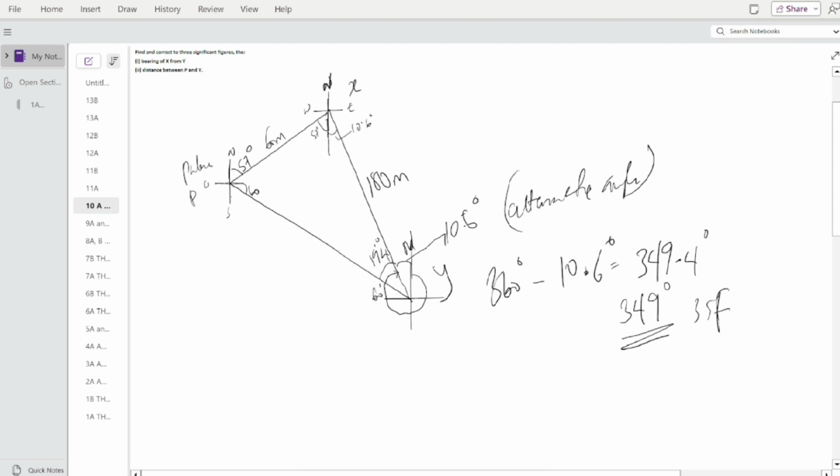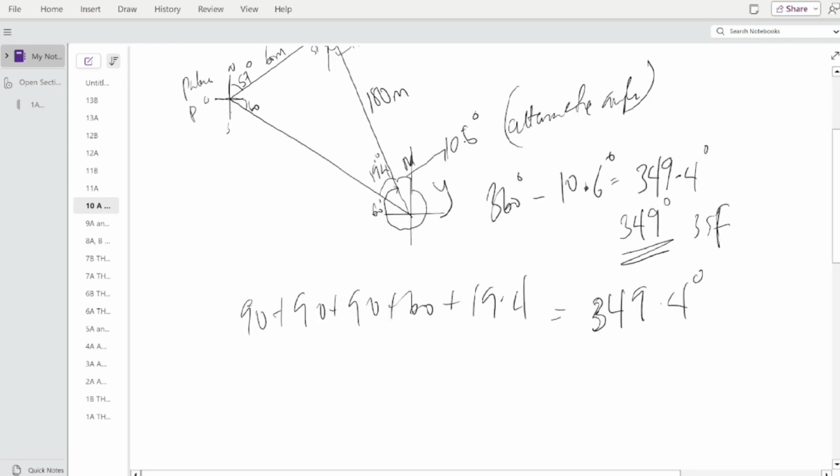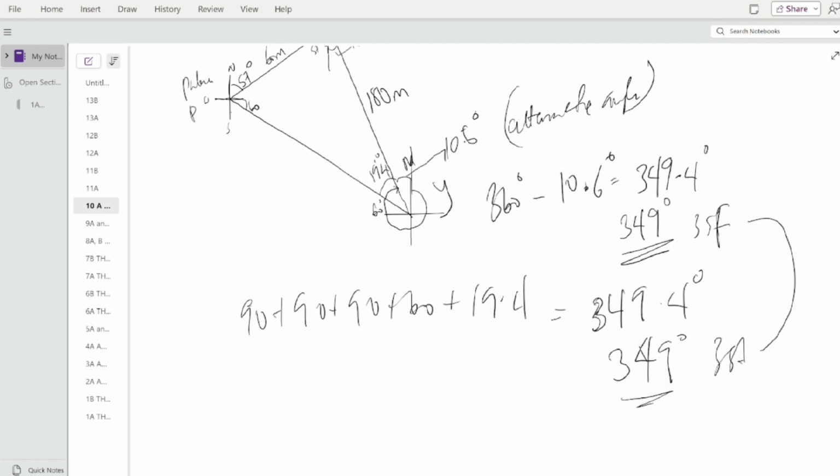So 90 plus 90 plus 90 plus 60 plus 19.4 would all add up to 349.4 degrees, which is approximately, to three significant figures, 349 degrees. Same as the first answer. Either way, you still get your answer.